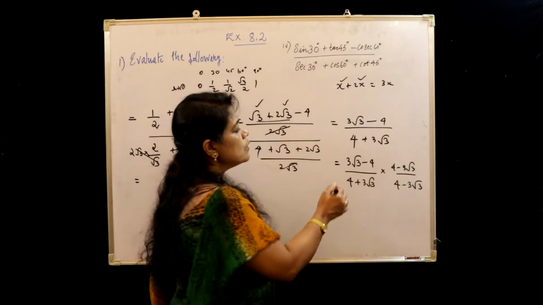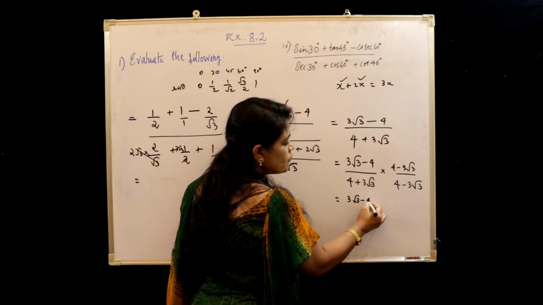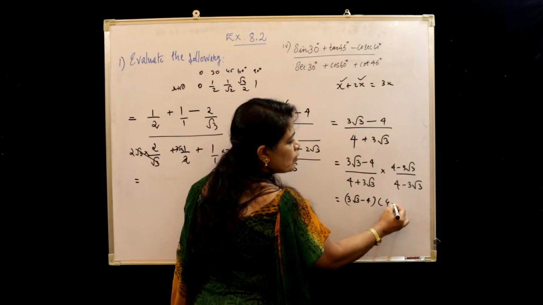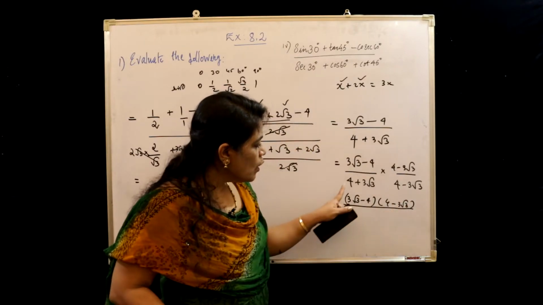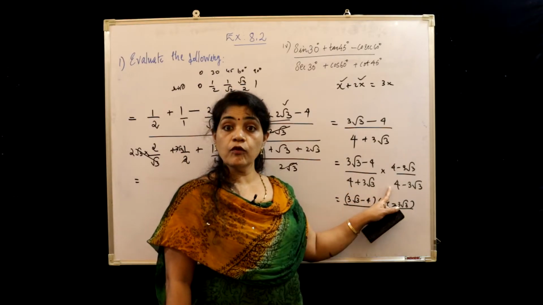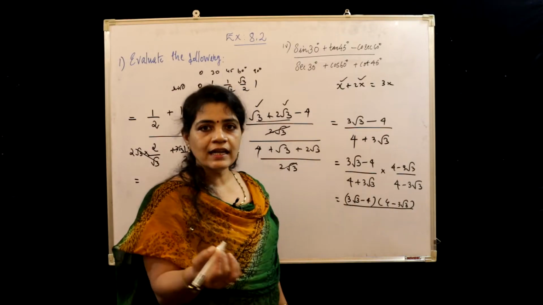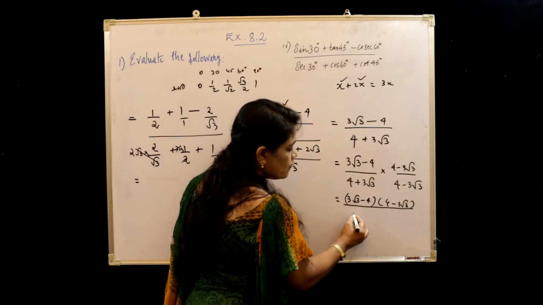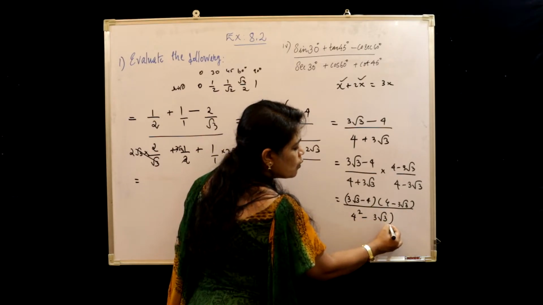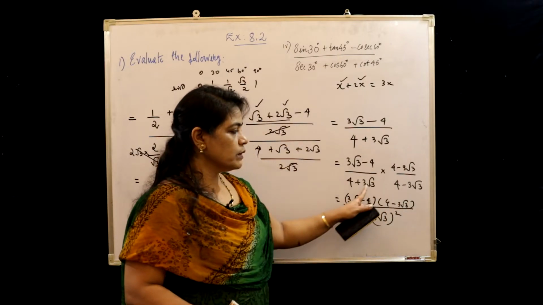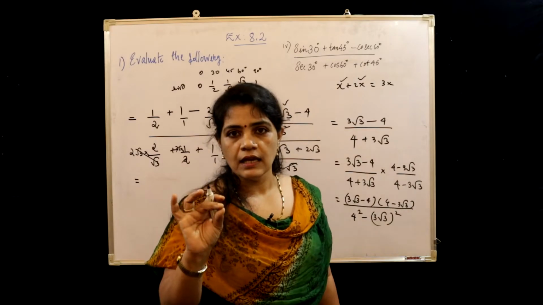So here we have 3 root 3 minus 4 into 4 minus 3 root 3 divided by 4 plus 3 root 3 into 4 minus 3 root 3. a plus b into a minus b is a square minus b square, that identity. That means 4 square minus 3 root 3 whole square.